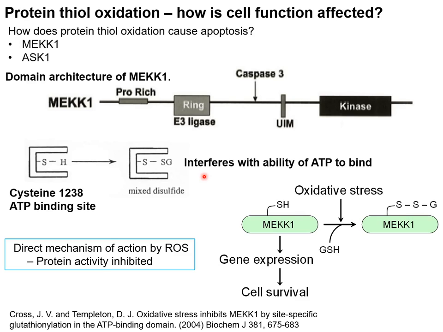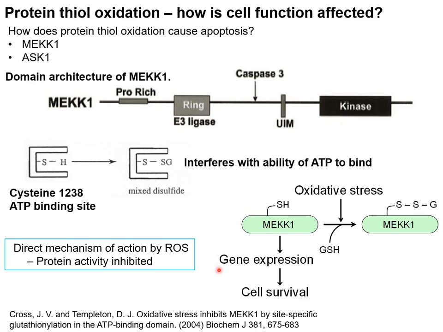Now generally MEKK1 is thought of as a cell survival factor. So when we're looking at signal transduction pathways, we can divide them into cell survival factors or cell death factors, and whichever one predominates is going to affect the outcome for cell survival. So MEKK1 fits into the cell survival factors. Now generally speaking, MEKK1 would go ahead and phosphorylate its protein substrates.